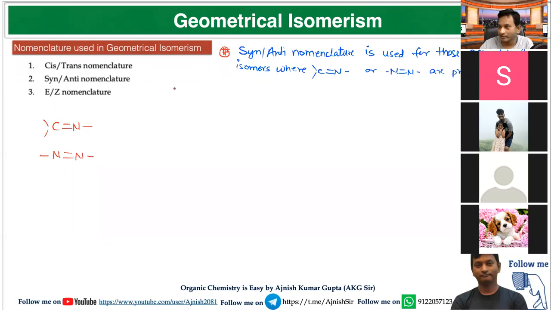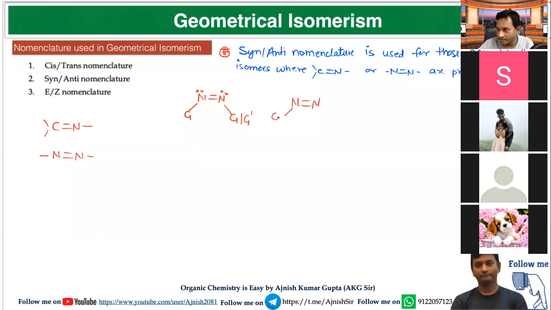Now think, if it is nitrogen double bond nitrogen, it is very simple. Here both groups are on the same side, both lone pairs are on the same side. Both groups may be the same or different.